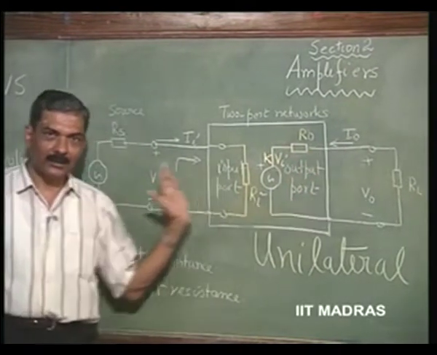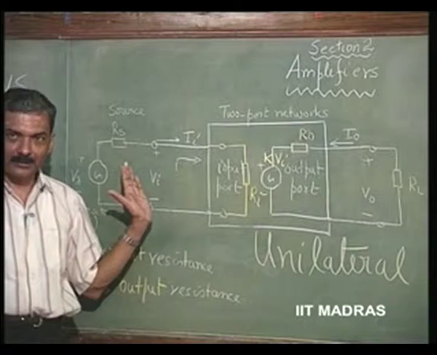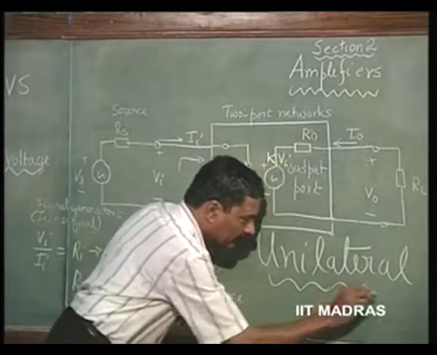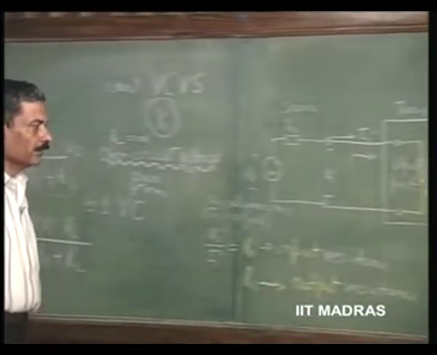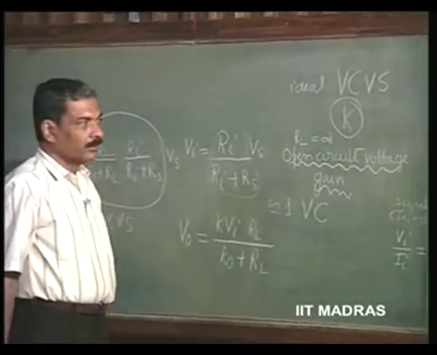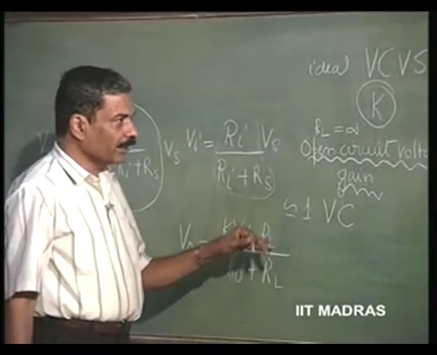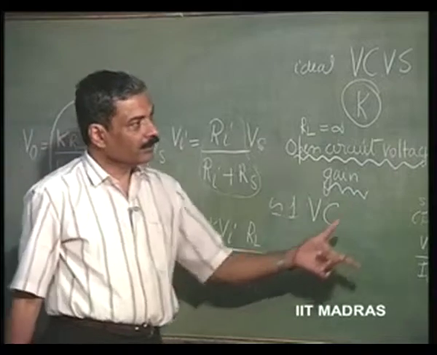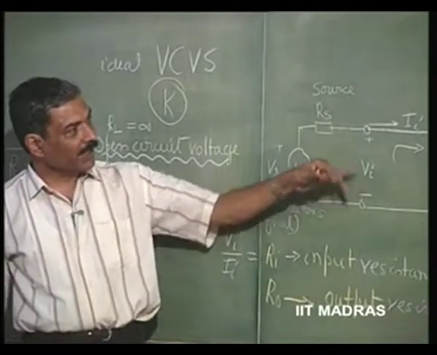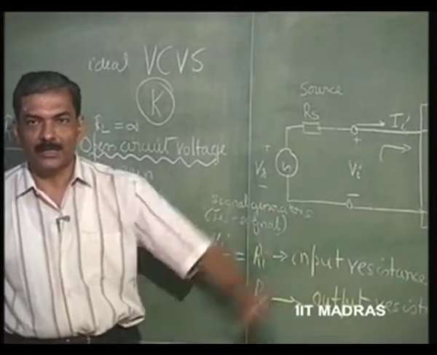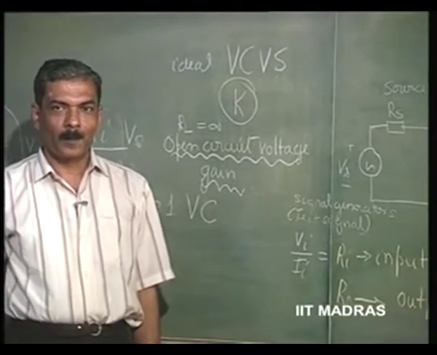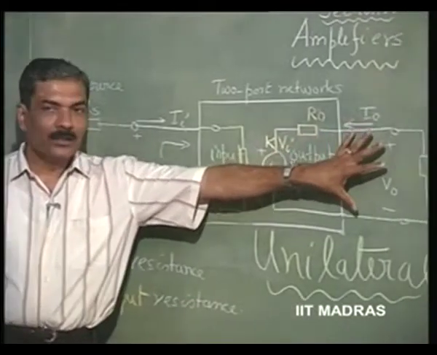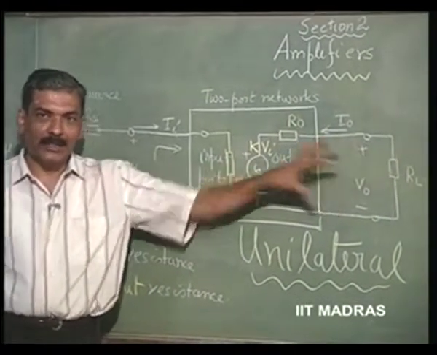In the other direction, no signal is transmitted. An ideal amplifier, therefore, is unilateral. The ideal voltage controlled voltage source is unilateral, and the practical voltage controlled voltage source that we have now shown is still unilateral. There is no effect of what happens at the output on the input side.